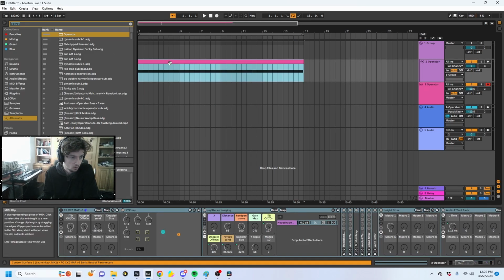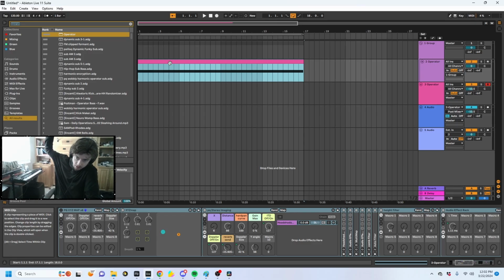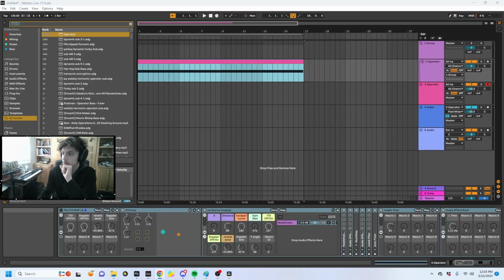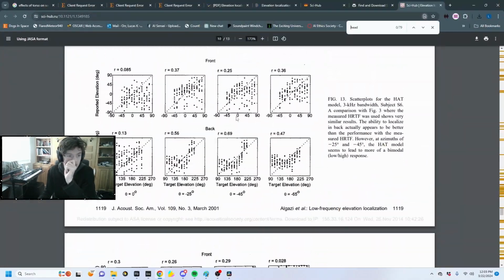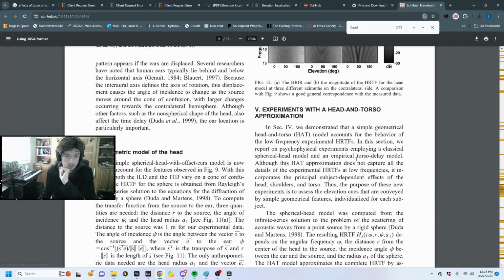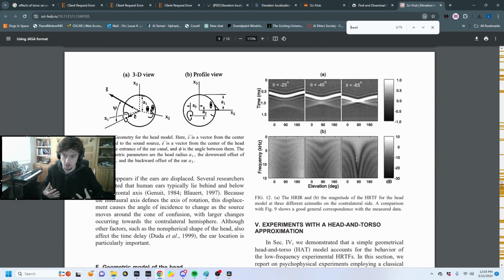So we talked about moving things above your head, right, by boosting the pinna filter, but moving things below your head can be a lot more complex. I didn't know how to do it before, but I figured out a couple of new principles that you can apply. I found some cool research papers talking about the effects of your torso when it comes to sound localization.